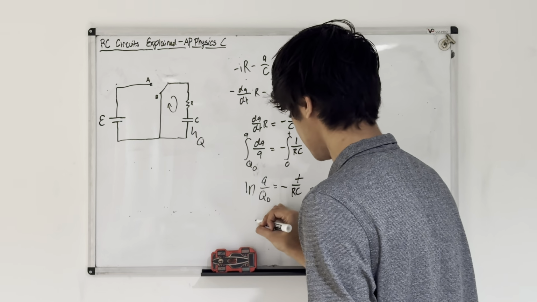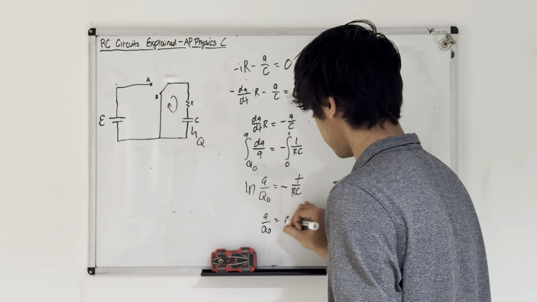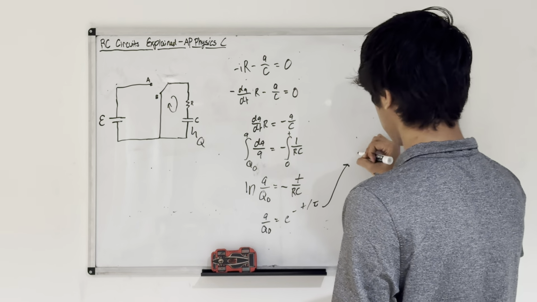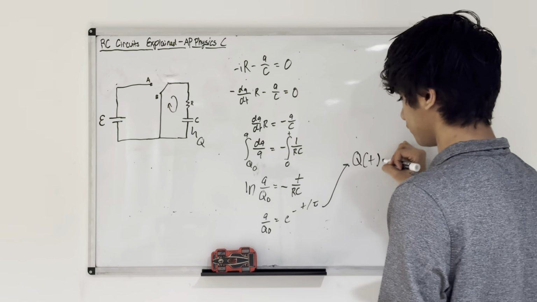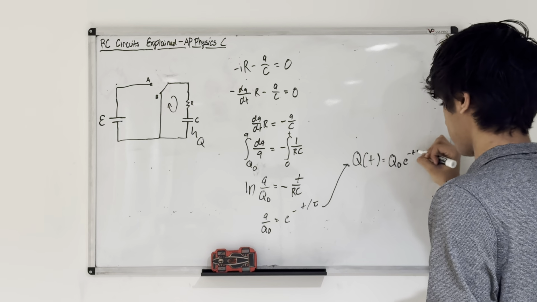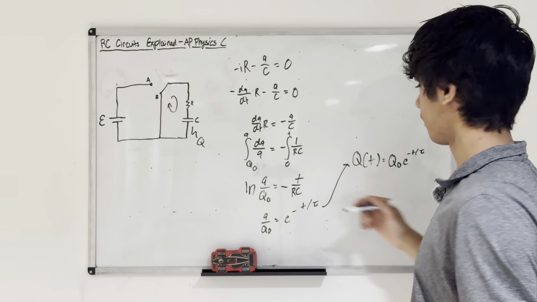Exponentiate, and we get that Q divided by Q0 is equal to e to the negative t divided by tau, where tau is RC. And we get our function, Q of t is equal to Q0 times e to the negative t divided by tau, which should look pretty similar to our function for current from before.